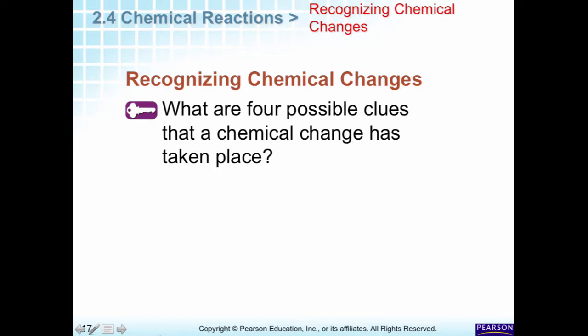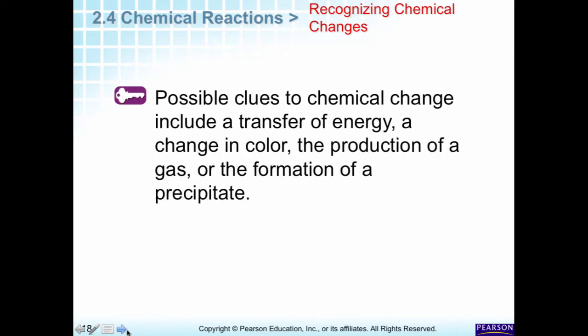Okay, here's some clues to use to determine if a chemical change has occurred. Now, they're clues. Usually, they're very good clues. Sometimes a physical change may have similar clues, so you have to be careful. Okay, so what are these 4 clues?